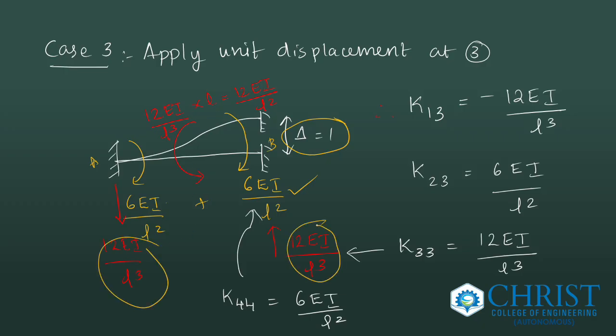Together they will produce a moment, that is 12 EI by L cube into L, which results in 12 EI by L square, which will resist the 12 EI by L square moment. So from which we will again find K13, K23, K33 and K43. Not K44, it is K43. Okay, yes, same as in case 1.